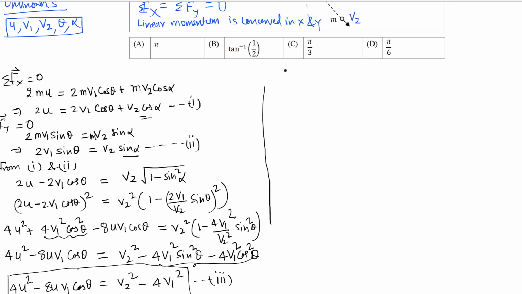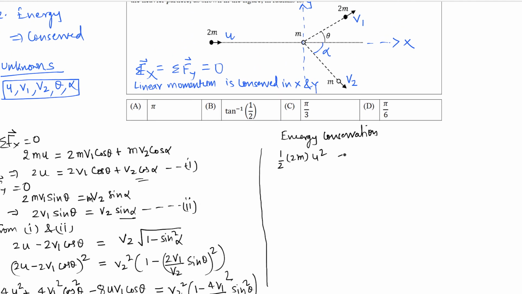So we'll just have the energy conservation. Initial energy is half 2m u square, if you see the diagram. Final energy is half 2m v1 square plus half m v2 square, which means it is just 2u square equal to 2v1 square plus v2 square.